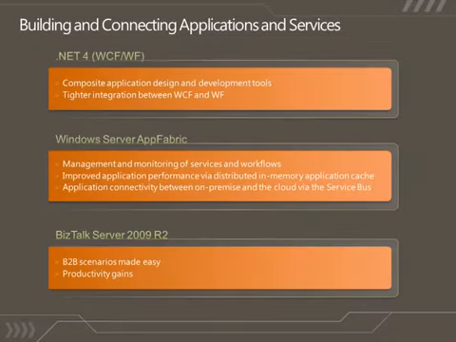So three of the components that we'll talk a little bit about today include the .NET Framework, and in this case, two technologies in particular, Windows Communication Foundation and Windows Workflow Foundation. The second is a new portion of Windows Server that we just recently announced called Windows Server AppFabric, which makes it easier to build, manage, and scale those services.